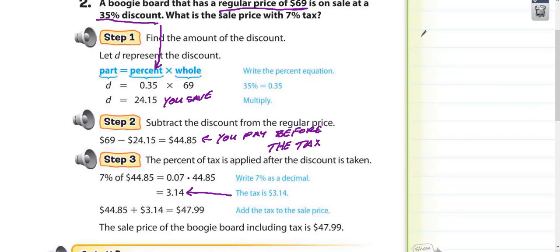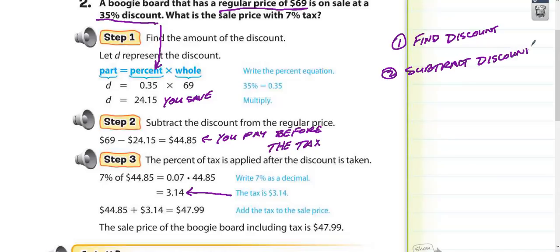So again, the steps are: find the discount, this is step one. Step two, subtract the discount from the regular price.